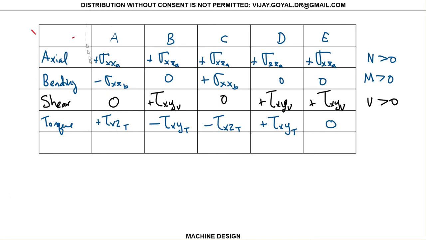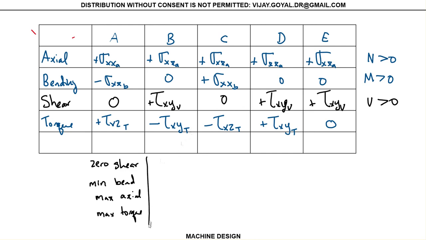Let's write it down right here below this table. In this particular case, we have zero shear, minimum bending, max axial, and max torque. All this is happening at this point right here.